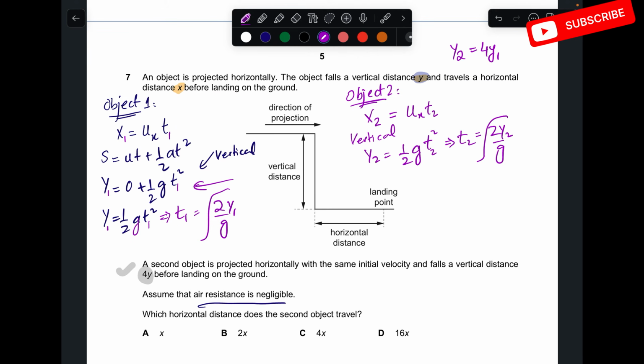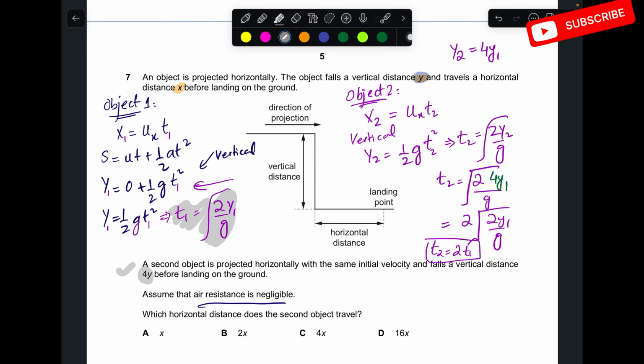This is the condition given. When you apply this, it will be 4y1 divided by g. Taking the square root of 4 gives you 2, so 2 times the square root of 2y1 over g. And if you see here, the square root of 2y1 over g is equal to t1. So t2 is 2 times t1. Okay, t2 is 2 times t1.